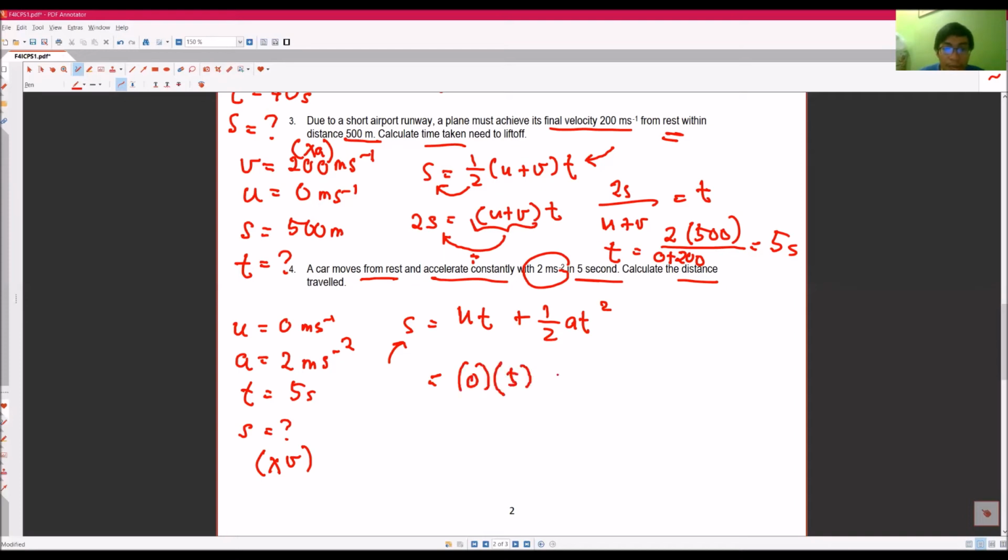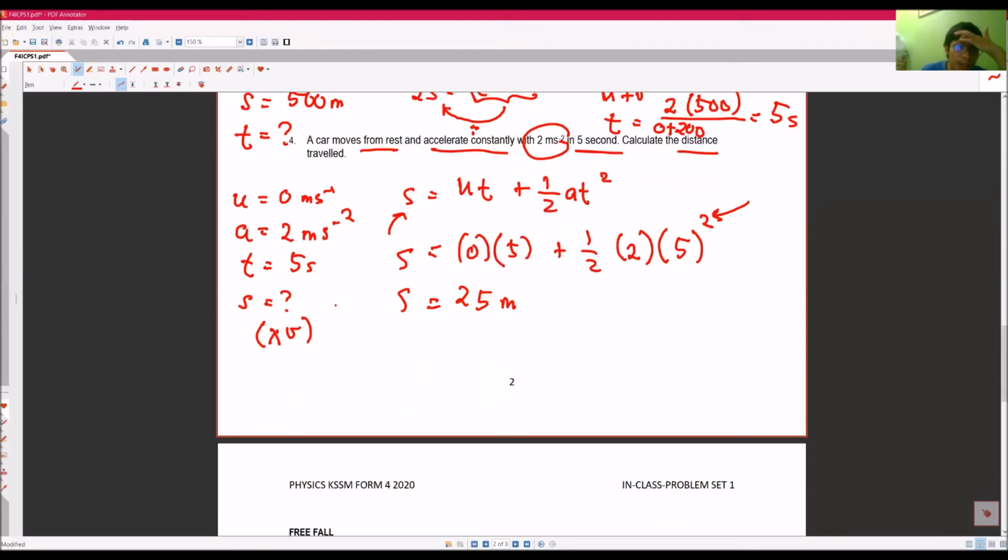Time is 5, a is 2, 5 squared. Make sure you put the square there so that you don't forget to plug it into the calculator. We get 25 meters.